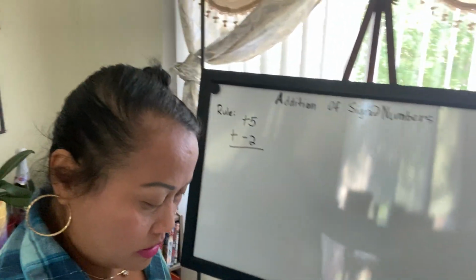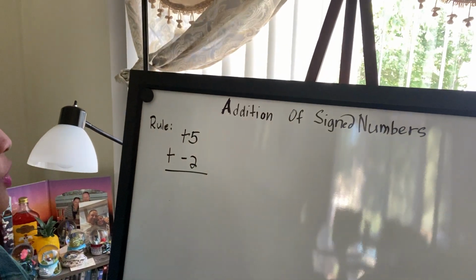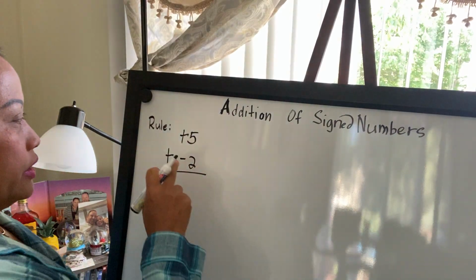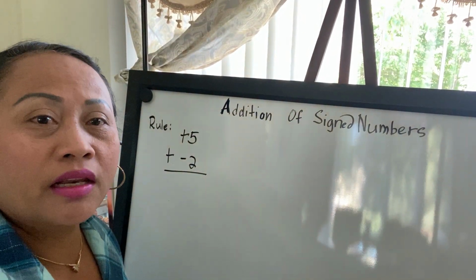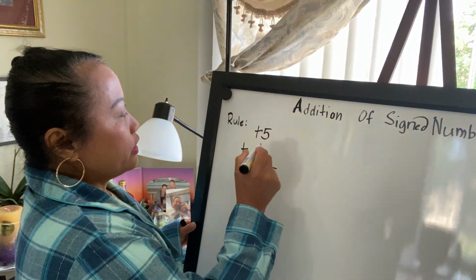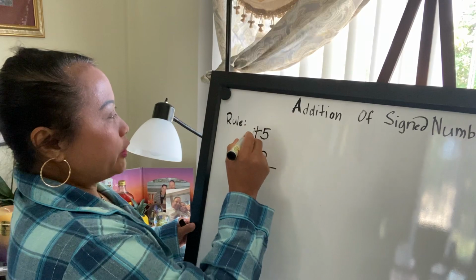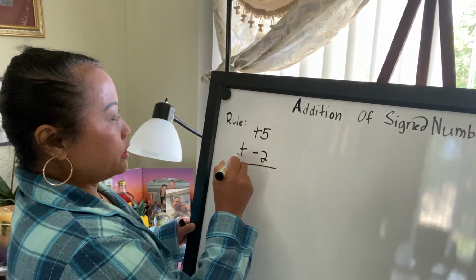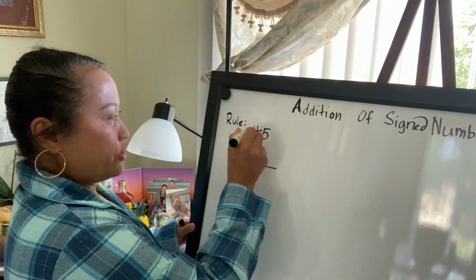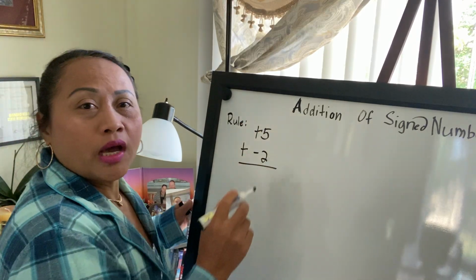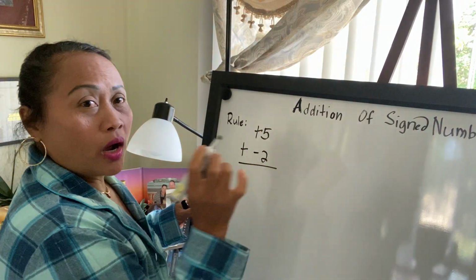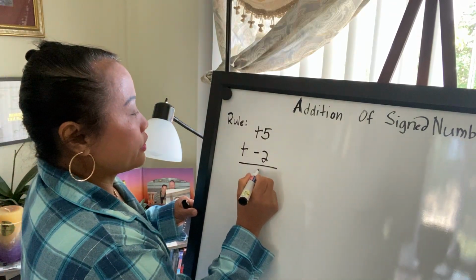Take note of the rule of adding numbers with a different sign: you have to find the difference, or you have to subtract. So here, they are different. Positive 5 plus negative 2. Since they have different signs, positive and negative, we have to subtract. So, 5 minus 2 equals 3.